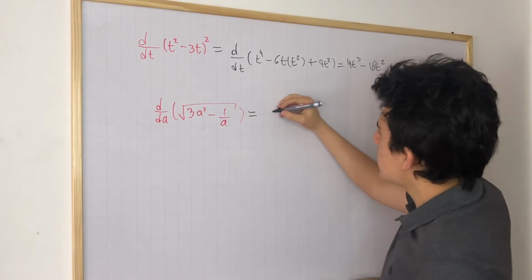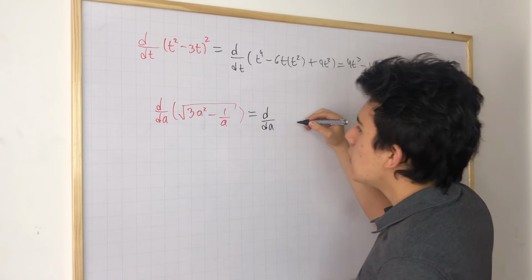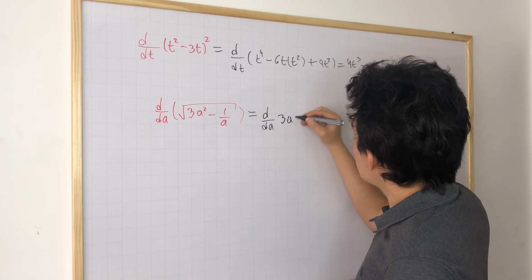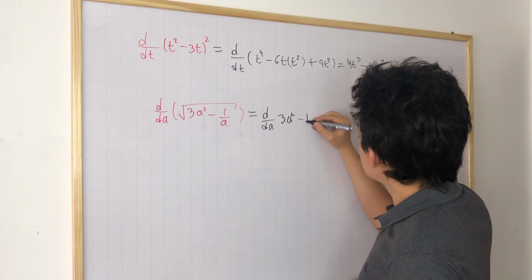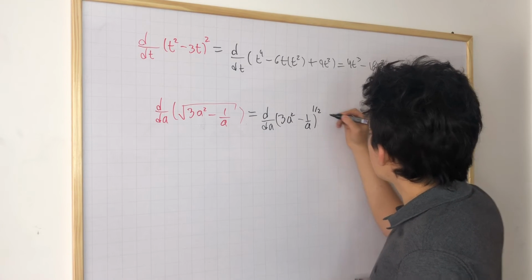So let's rewrite it. We're going to have the derivative with respect to a of the function 3a squared minus 1 over a, to the 1/2, okay?